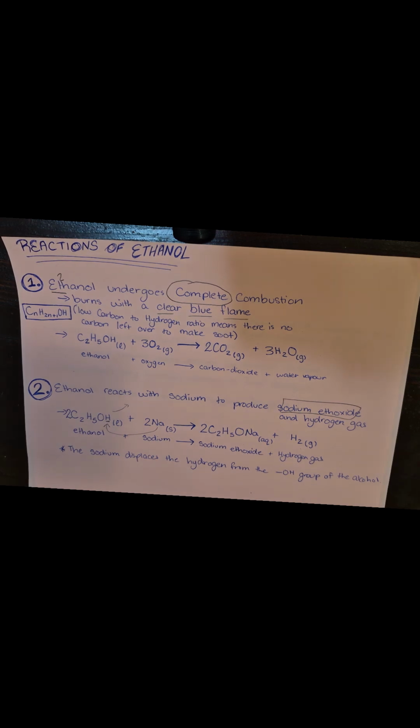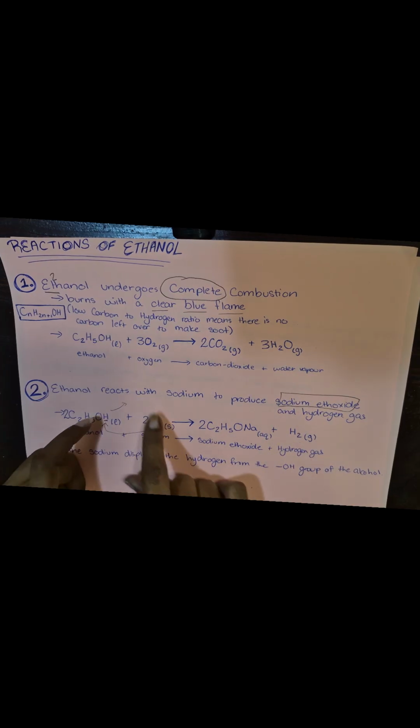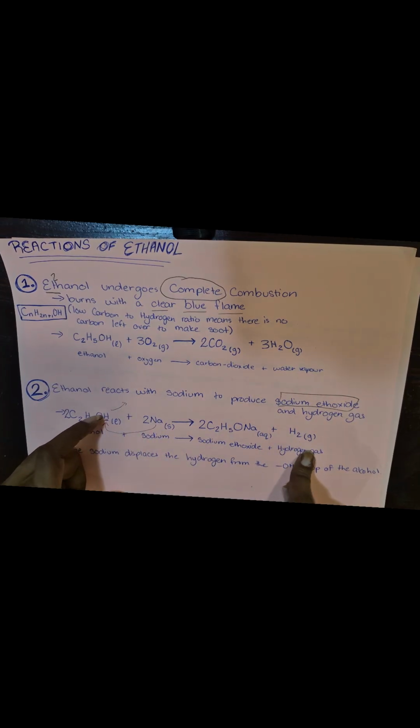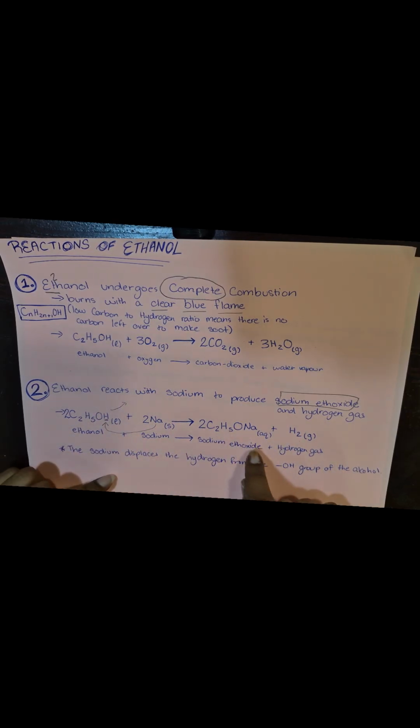So in all of the other reactions of ethanol, water is the second product, except when ethanol reacts with sodium, sodium just displaces the hydrogen, and so instead of getting water, we get hydrogen gas, because only the hydrogen gets displaced. The sodium takes the place of the hydrogen to make sodium ethoxide. So we know when ethanol reacts with sodium, we get sodium ethoxide and hydrogen gas. In all other reactions of ethanol, we get water as the second product.